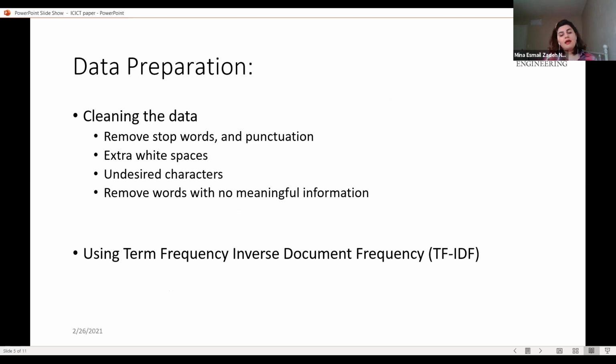And then, like any other NLP work, we tried to clean the data. We removed stop words, punctuation, extra white spaces, undesirable characters, and words with no meaningful information. After working a little with the data, we realized that it's not the kind of data where you can get the meaning from context. It was more like statistical data.